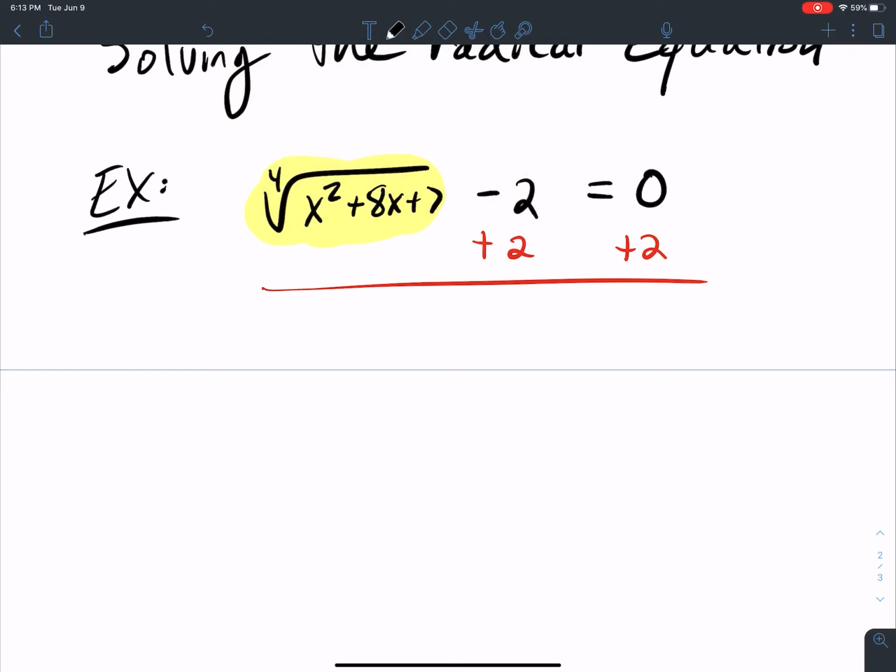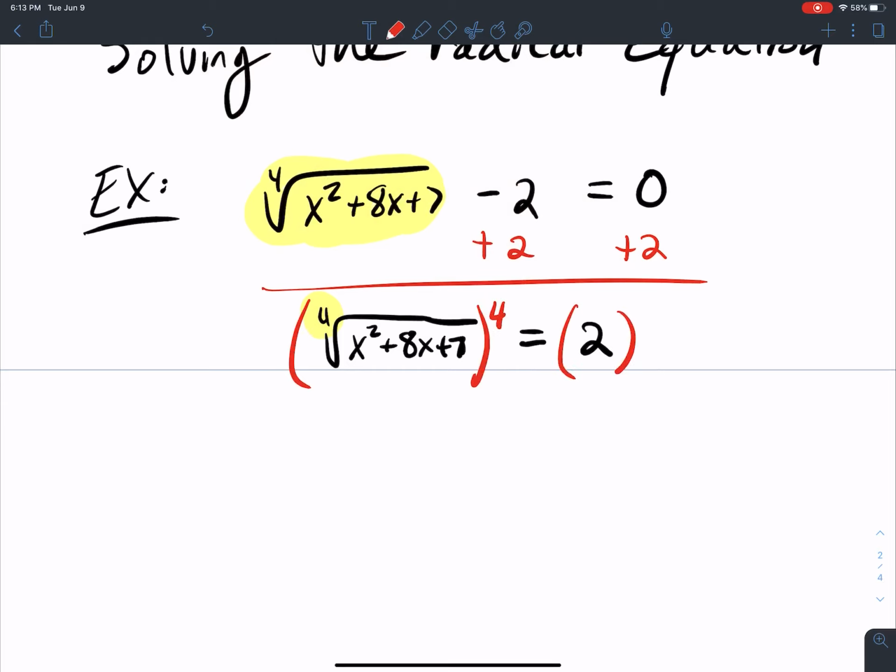Once I add 2 to both sides, I have the fourth root of x squared plus 8x plus 7 equals 2. Now, in order to get rid of a fourth root, I can't just square it. I need to raise it to the fourth power, okay?